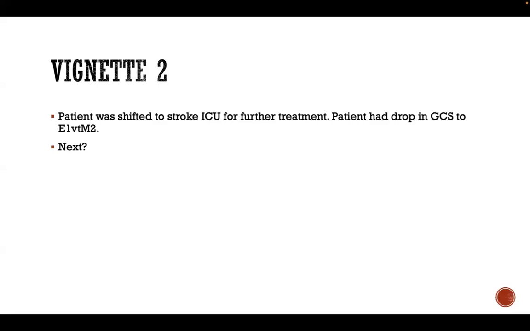Since patient is already intubated, his airway is secured, I would like to further look for other causes of drop in GCS. I would like to check his blood sugar levels, rule out hypoglycemia. Second, because he's thrombolyzed, I would like to rule out intracerebral hemorrhage, so I would like to do a non-contrast CT brain.